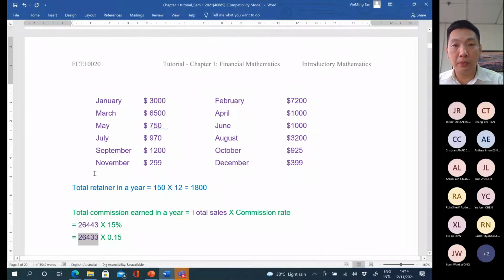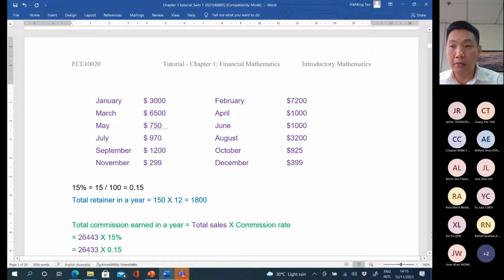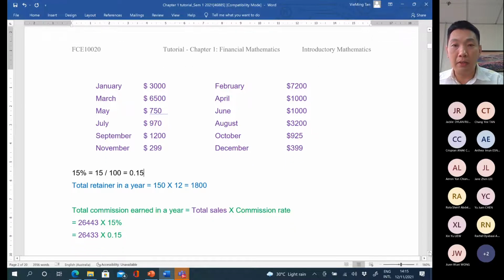For those who are not really familiar, you can put here: 15% means 15 divided by 100, so it's equal to 0.15. So substitute this number directly into the formula, if you are good enough.